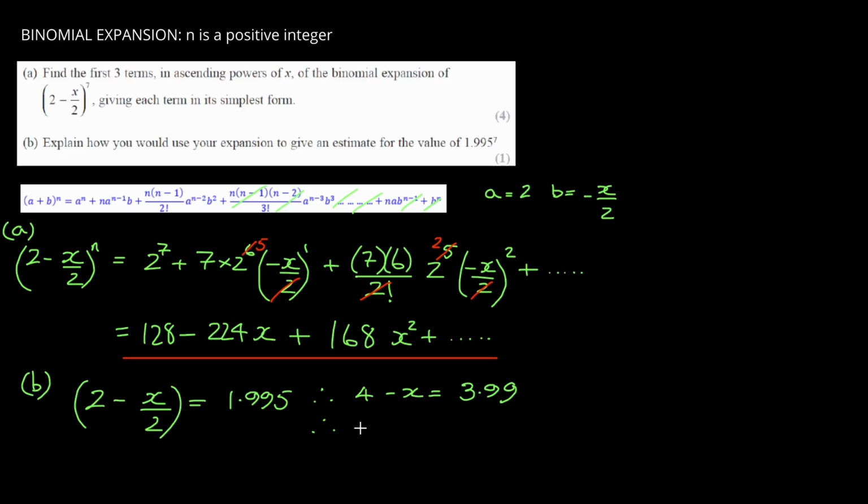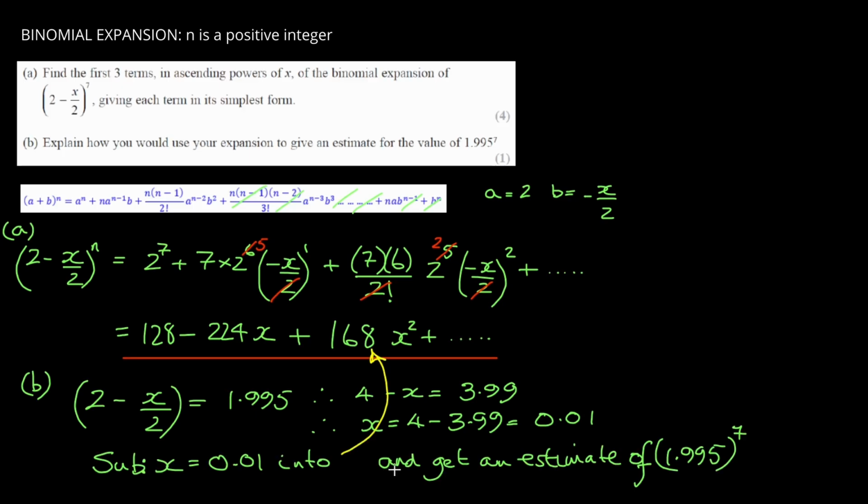And therefore, moving things round, x is equal to 4 minus 3.99, which is equal to 0.01. And what that means is if I substitute x is equal to 0.01 into this expression, we will get an estimate of the value of 1.995 to the 7. And that's the answer they were looking for.